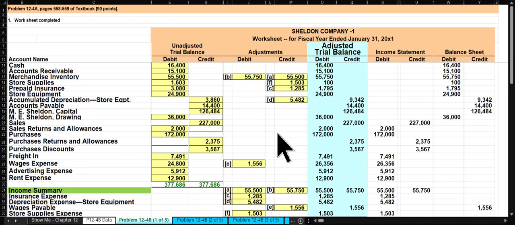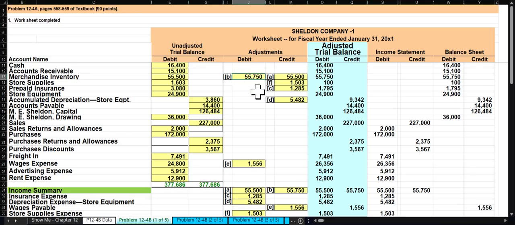The next step, item B, is to record the new ending inventory, which is 55,750. So notice I'm debiting here. So it shows now the new balance. So you can see what happens when you close an account by crediting the same amount. It was zero.